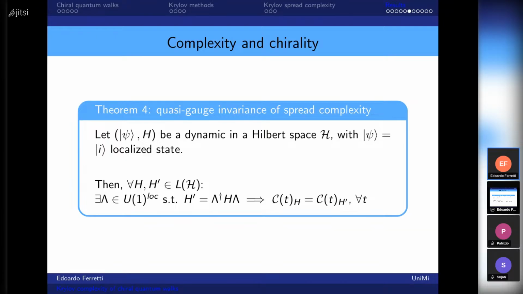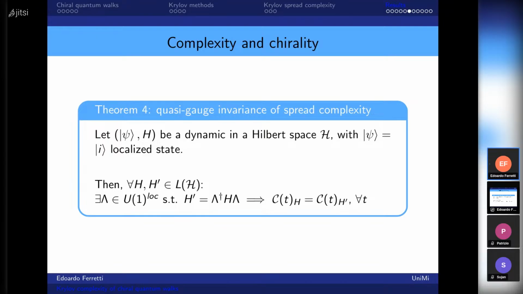But here, the two operators do not commute. So in general, lambda is not a symmetry of the Hamiltonian. That's why we have to restrict to localized states. Otherwise, if it was a symmetry, it would be true for any initial state, while it's true only for localized states.